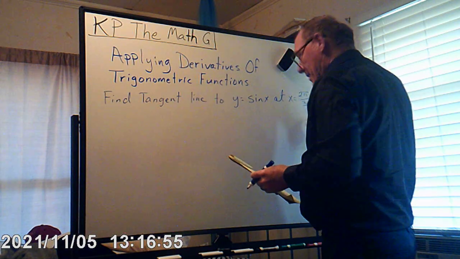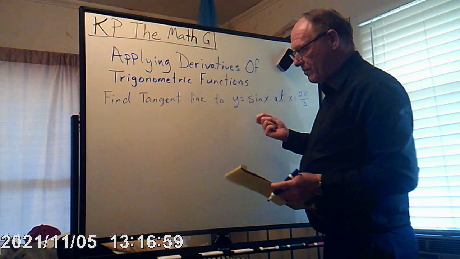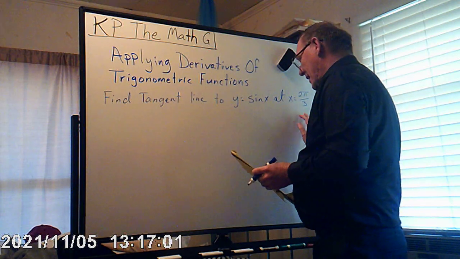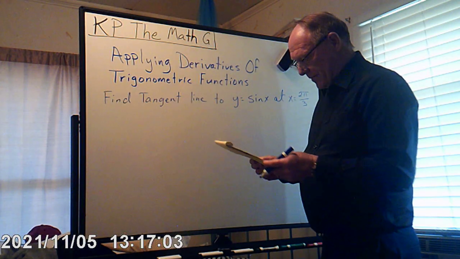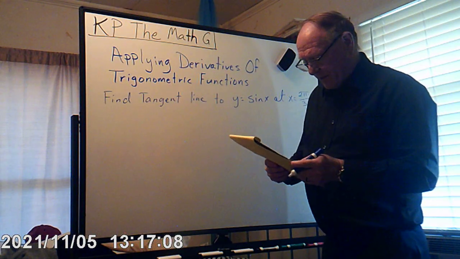This is in radian form. If you wanted that in degrees, it would be 120, which is related to 60. So kind of keep that in mind as well. In calculus, we keep things in radian measure.